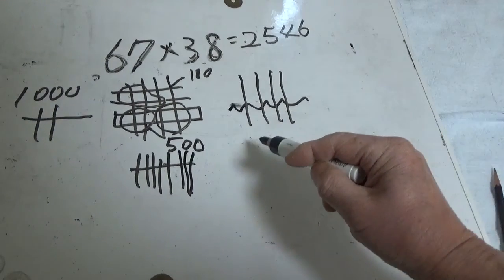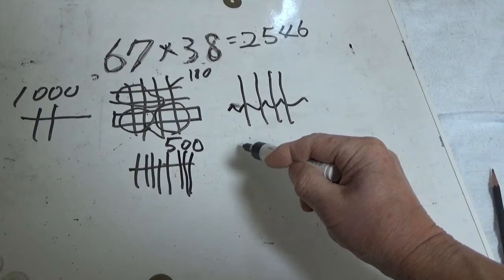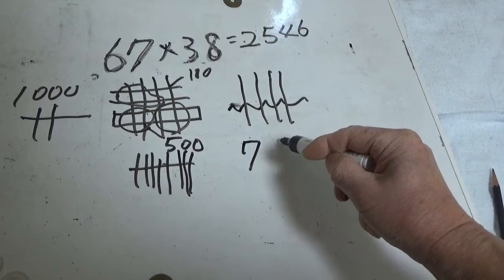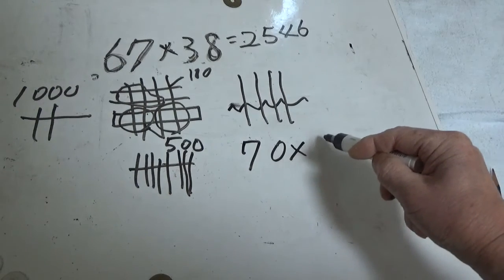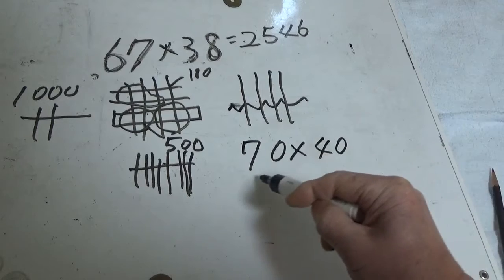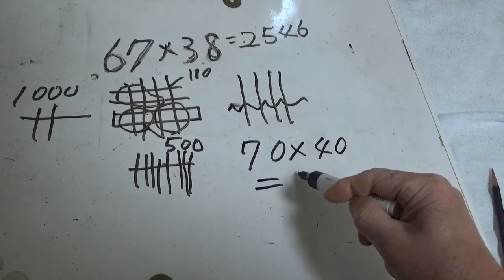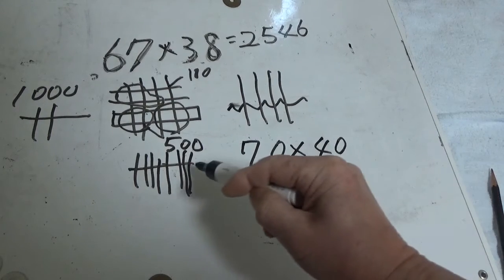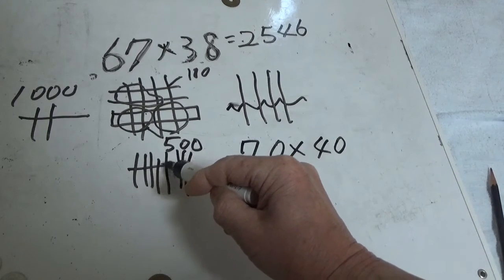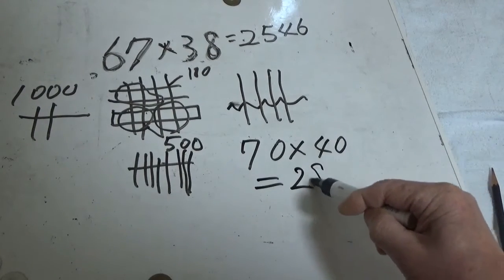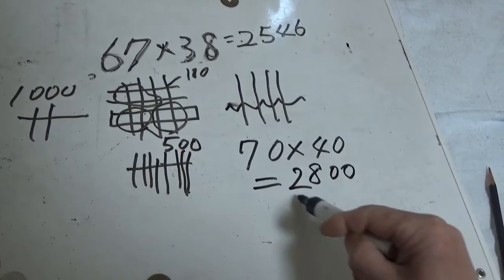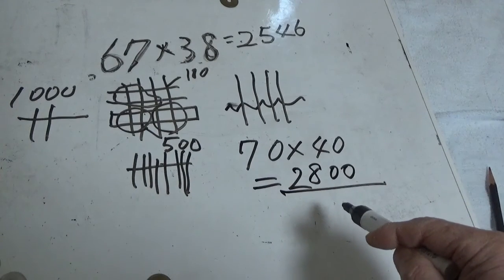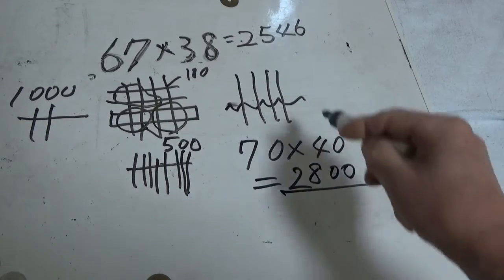So 70 multiplied by 40 is approximately equal to 2000 and 1, 2, 3, 4, 5, 6, 7, 8. 800. As a rough estimation, it's 2,800.